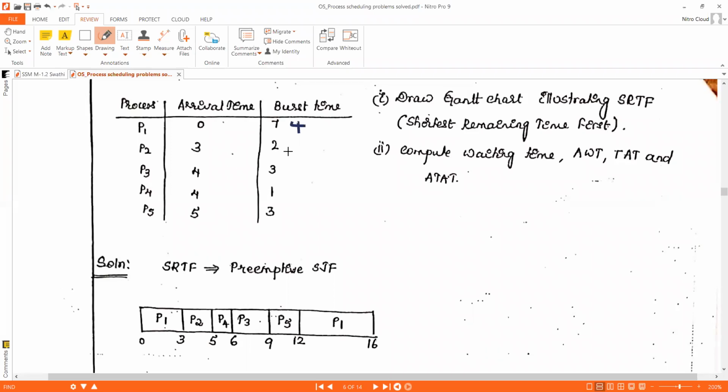At clock time 3, process 2 will start executing; its burst time is 2 milliseconds. At clock time 4 milliseconds, process 3 will enter the ready queue. Process 3's burst time is 3 milliseconds.